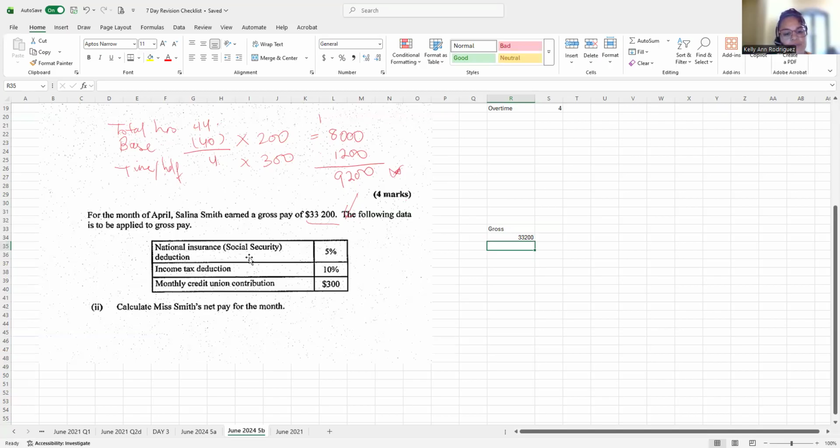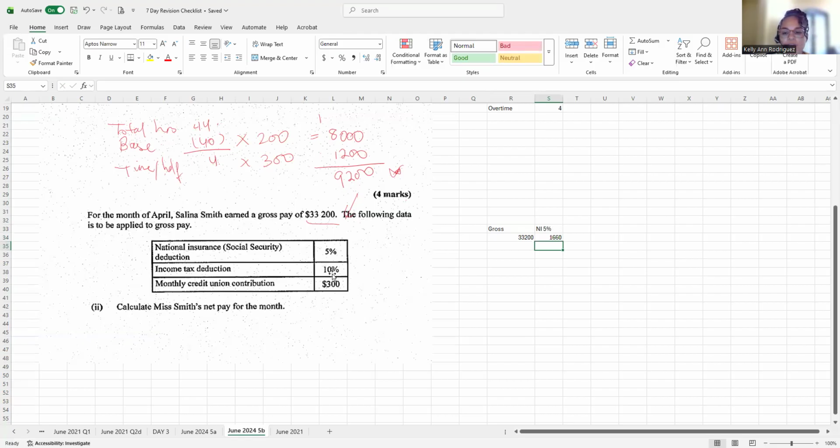National insurance or social security deduction is 5%. Did they tell you it's 5% of the figure after something else? No, they just tell you it's 5%. So 5% is national insurance, so you have to deduct that, right? So you all know to use a calculator: gross multiplied by 0.05 for 5%.